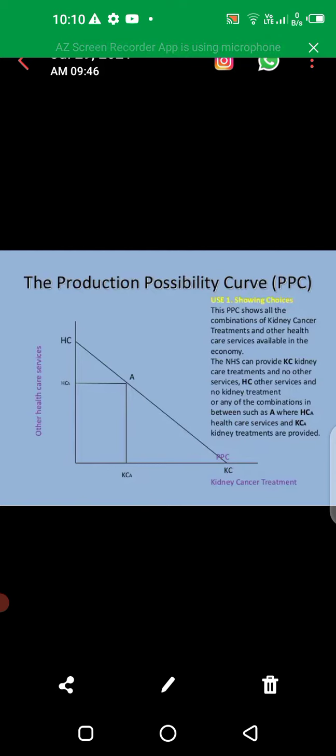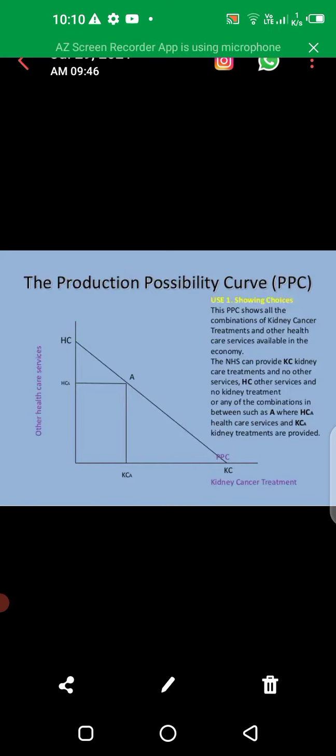So in the economy, the NHS can provide KC kidney care treatment and no other service, or HC other service and no kidney treatment. These two combinations are given in the PPC curve.